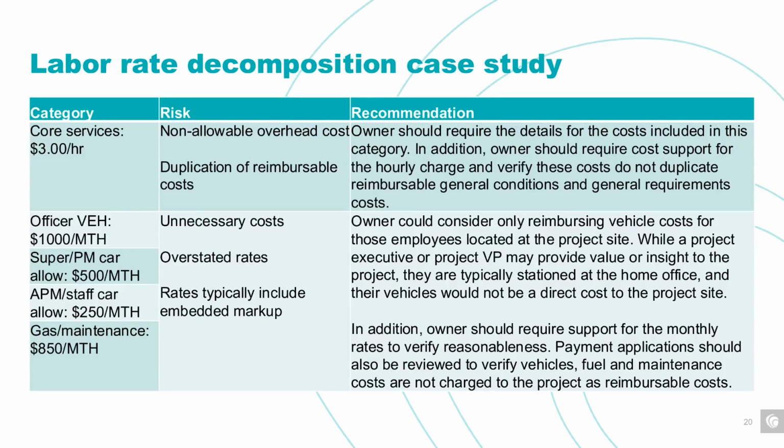Similarly with the core services, again, we want to make sure that these costs themselves are actually allowable per the terms of the contract, and we don't risk any duplication of costs with the contractor's general conditions.